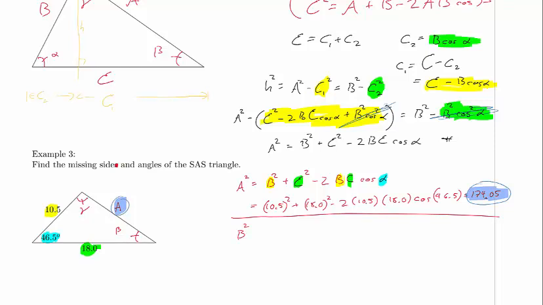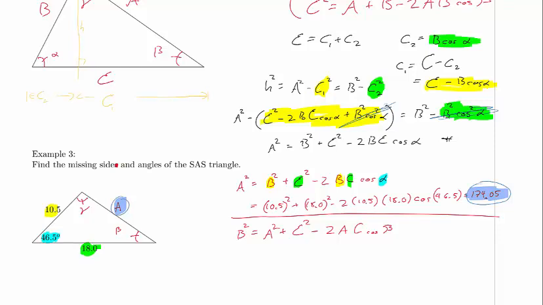And so for beta, we use b squared equals a squared plus c squared minus 2ac times the cosine of beta. Alright, so let's go ahead and highlight what we know.